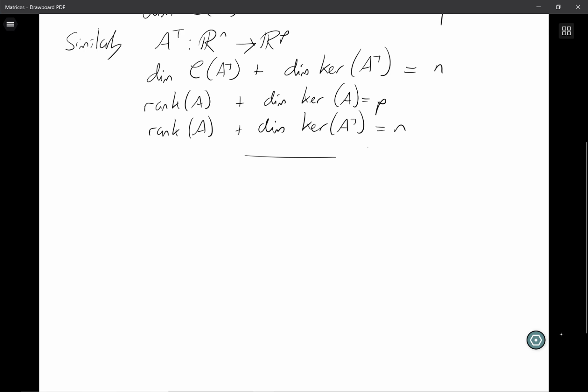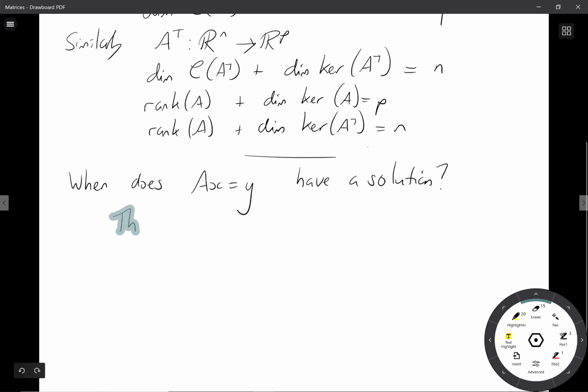So one question we might want to answer is, when does Ax equal y have a solution? Suppose someone comes along and gives you A and gives you y and asks you to find x. When does that have a solution?